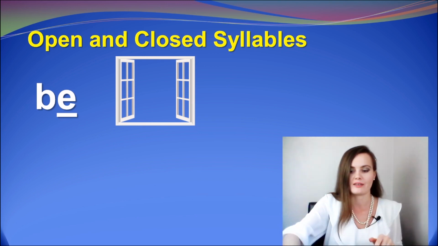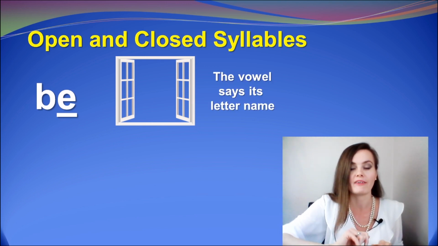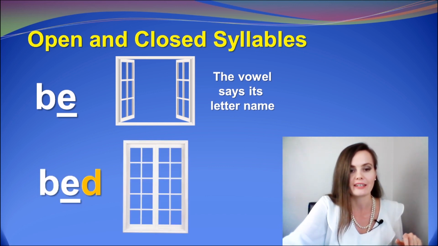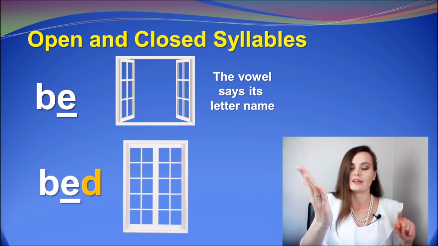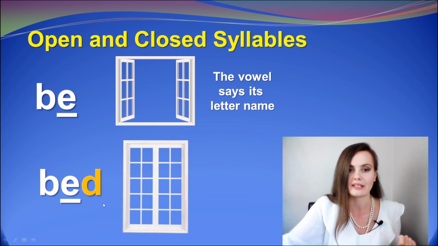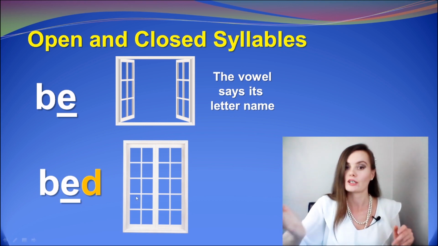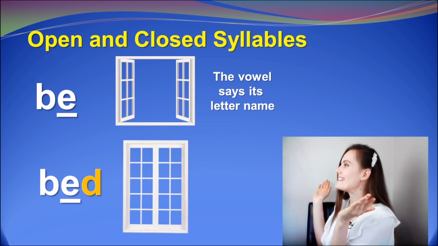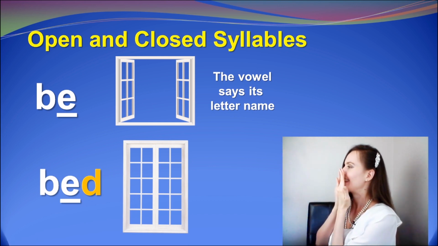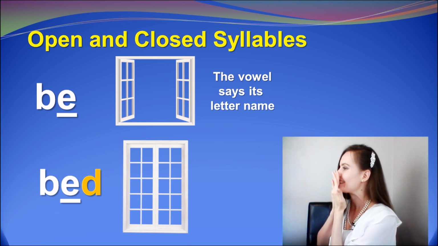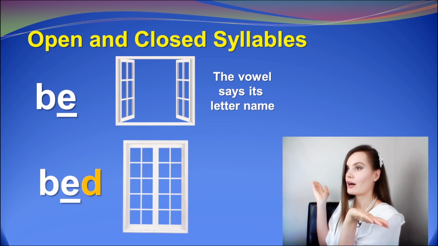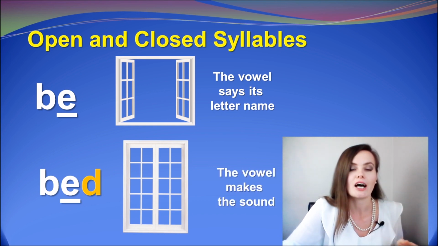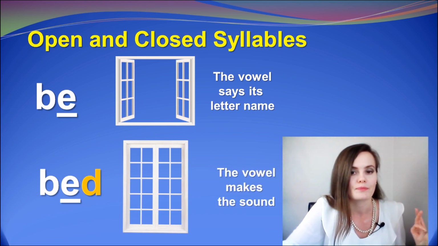The vowel says its letter name, E. But in the other case, there is a consonant on the right side, and the syllable is closed. So we cannot say E. We just need to say eh, bed, bed, right? Our vowel is closed.